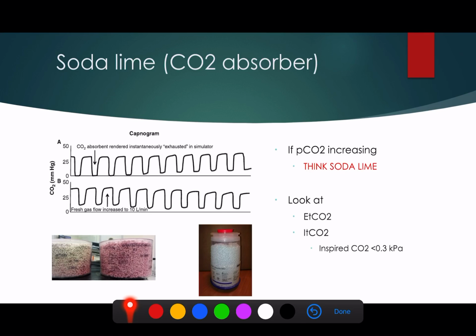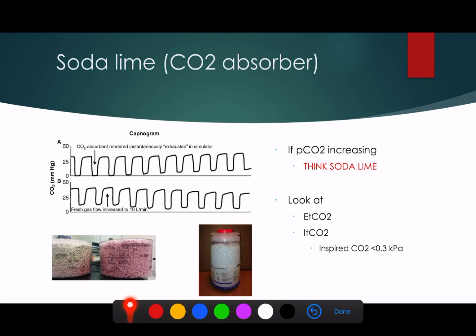By doing so, these little pellets will absorb all the carbon dioxide and produce water and heat in exchange. So it's a good way of keeping the inspired oxygen nice and warm and moist. It also gets rid of all that carbon dioxide, so you can keep rebreathing the same gas without the CO2 slowly going up. But this is a consumable item.